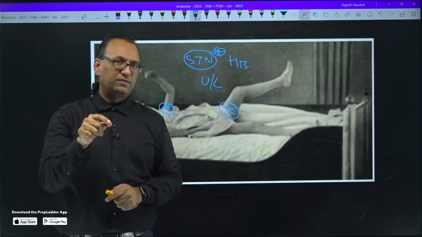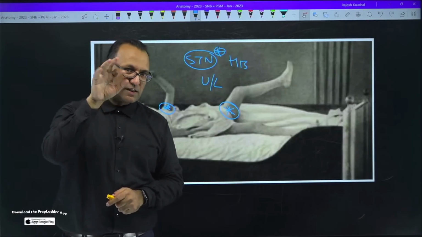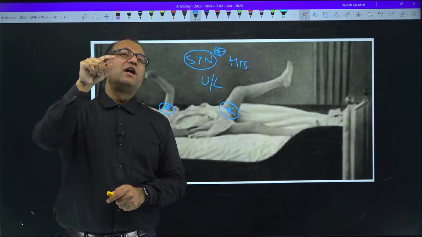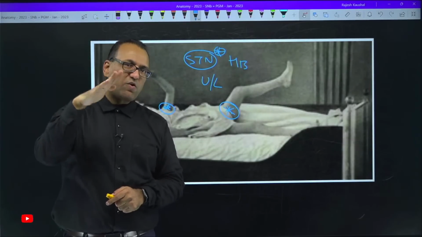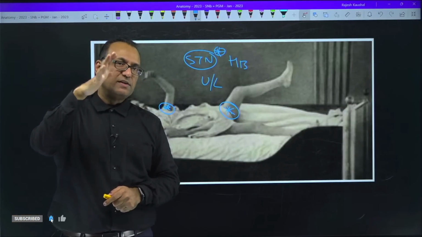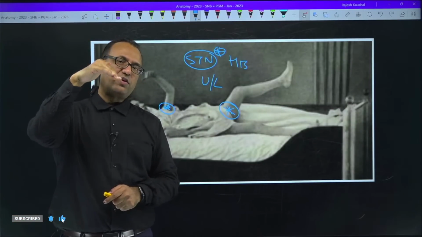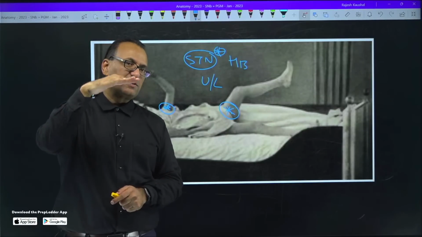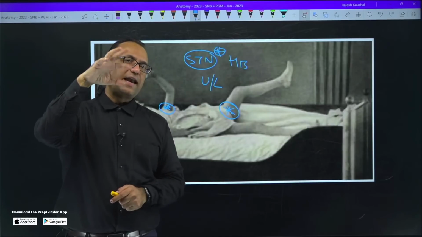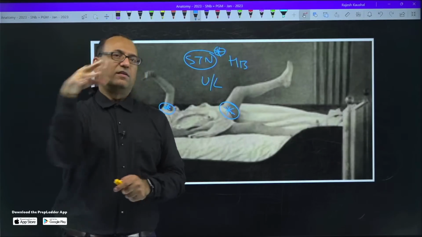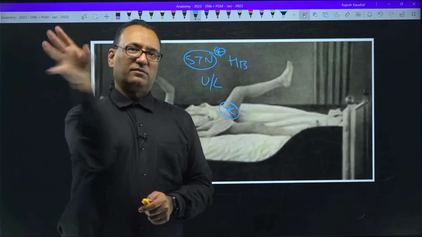In chorea, distal muscles are involved. In athetosis, distal muscles are involved, but they are slow and writhing, like snake movement. So if it is slow writhing movement, distal muscles, it is athetosis. Chorea can be jerky, like this.